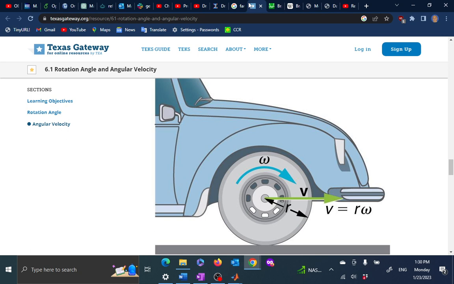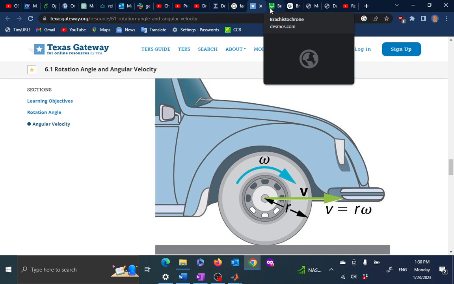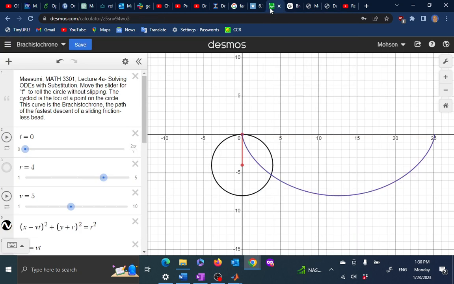Okay, here we have v equal to r omega, but we said that the issue of a circle turning on a flat surface is going to be a source of lots of interesting problems coming up. If you're interested, you have a curve called Brachistochrone. This is an example of it turned upside down compared to that circle that we saw.